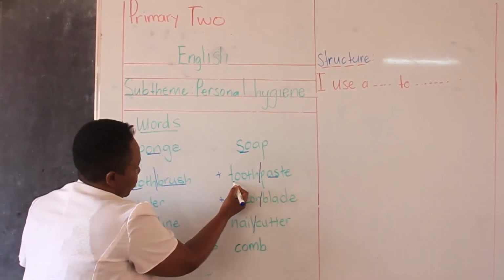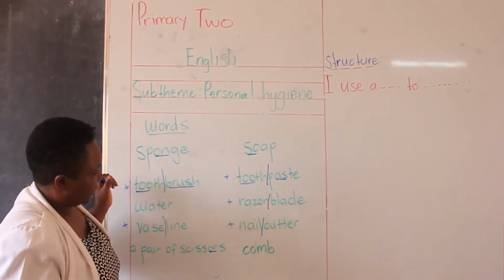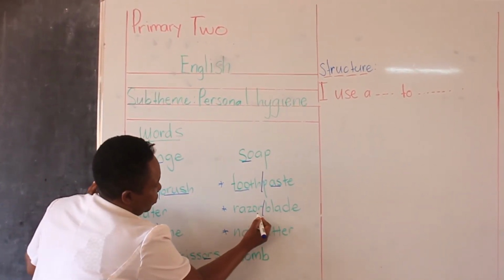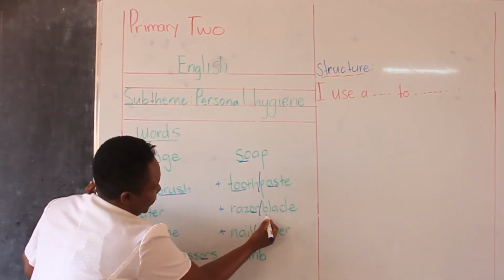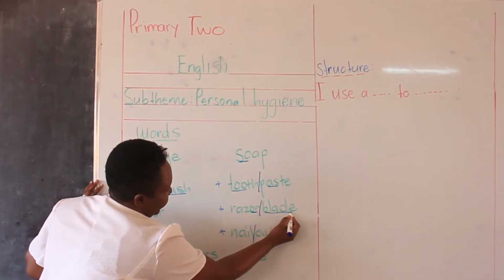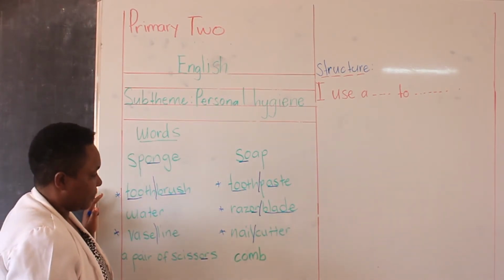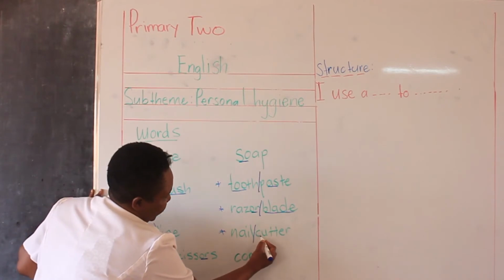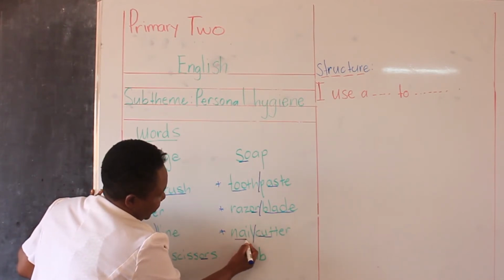And we also have the word tool. When we go to razor blade, we have a small word or. We also have a small word blade. When we go to the word nail cutter, we have the small word here, cut. We can also have nail.